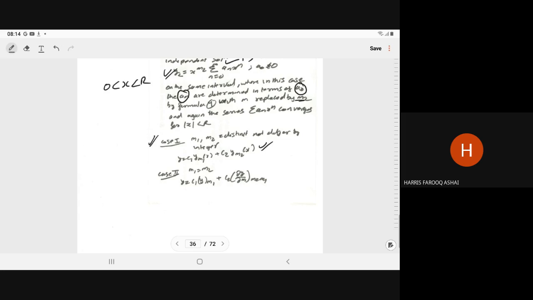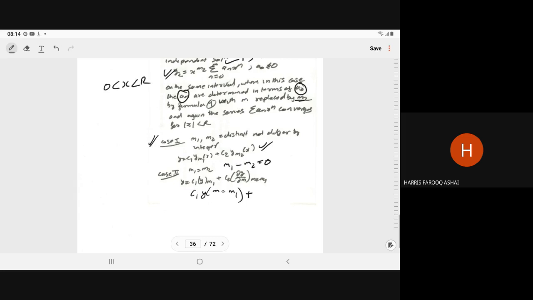Now when m1 is equal to m2, it means m1 minus m2 is equal to 0, when the difference is 0. At that time, if m1 and m2 are equal, one Frobenius series you will get for m equal to m1, and the second linearly independent solution is now not a Frobenius series.